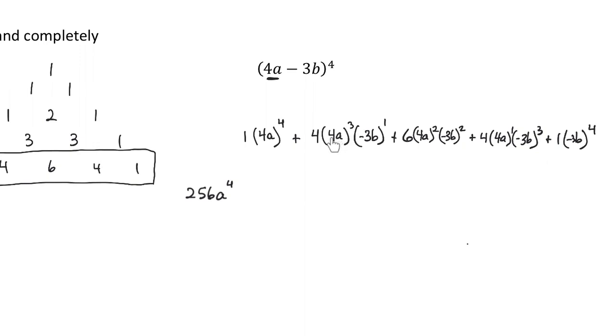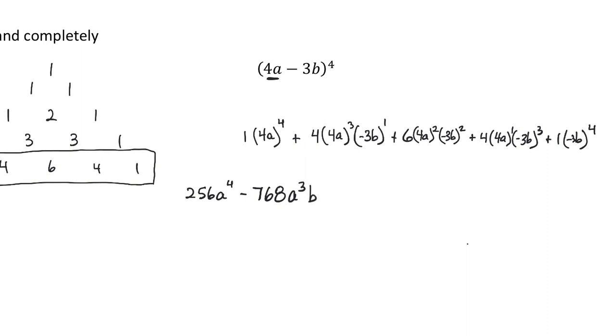This is 64a cubed. And then 64 times 4, and then that's going to be multiplied by negative 3. So we have 64 times 4 times negative 3, which is negative 768. And then we have the a is going to be raised to the third power. And then b is raised to the first power.